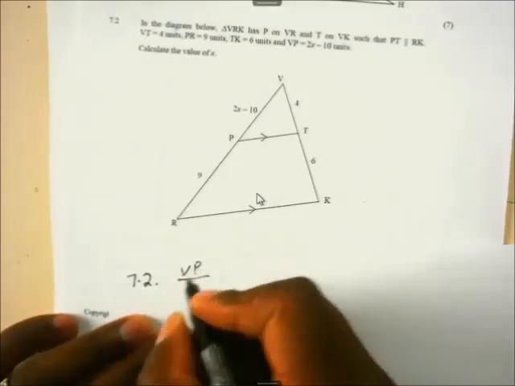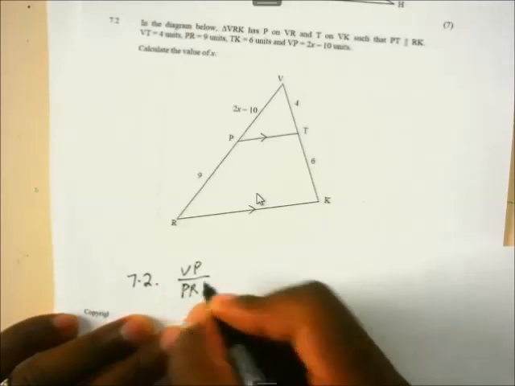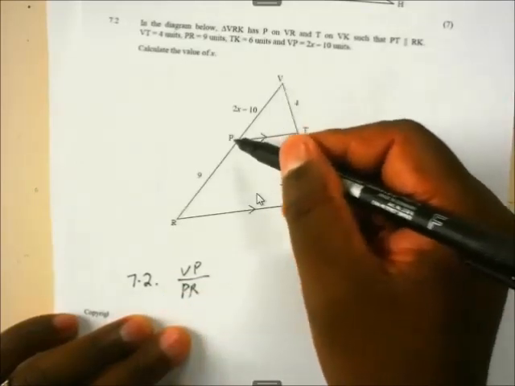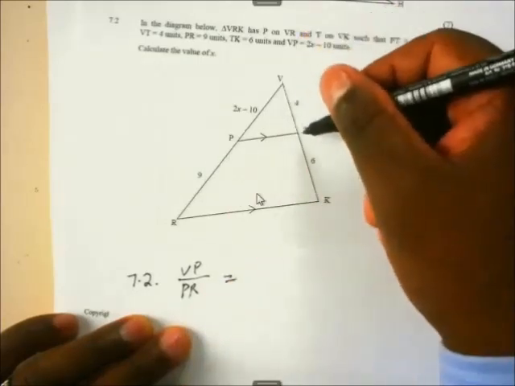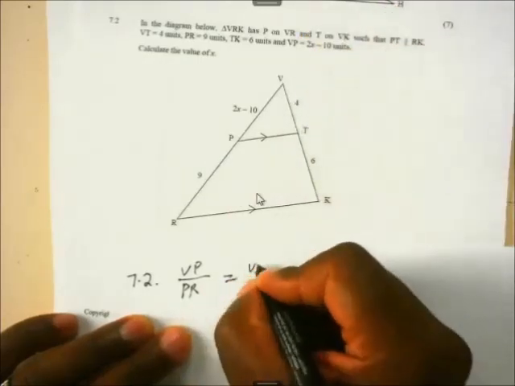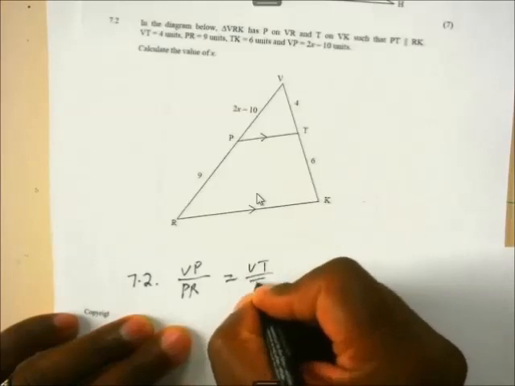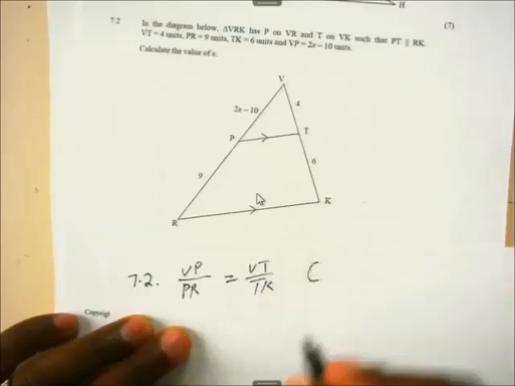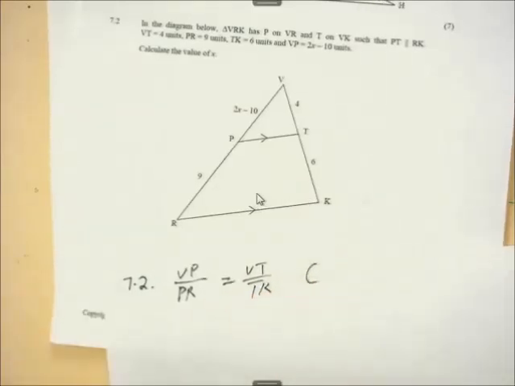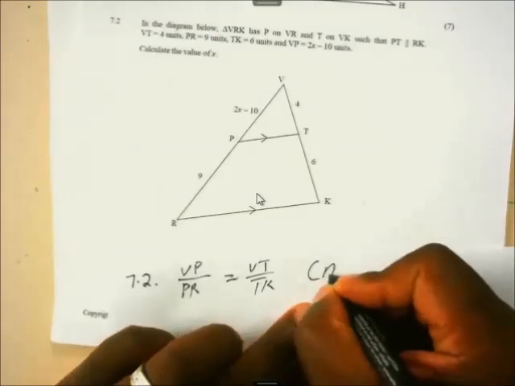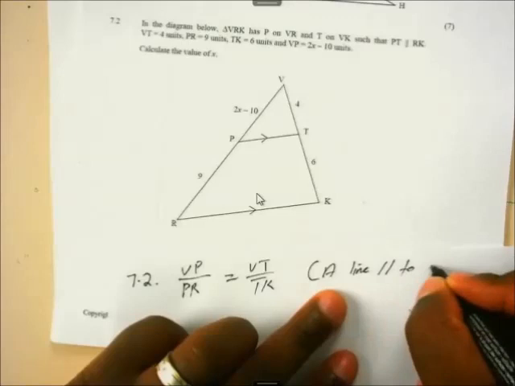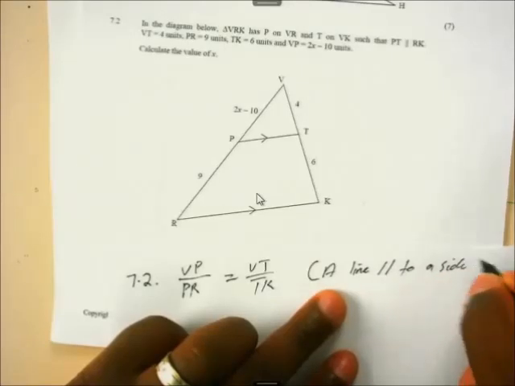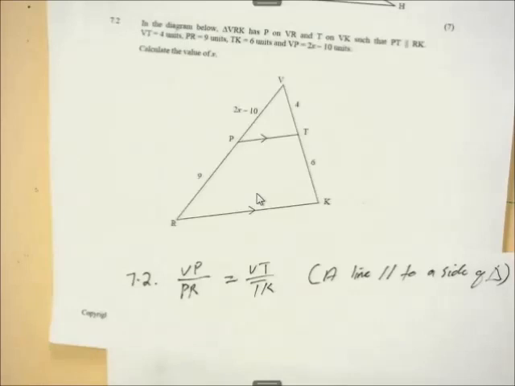I'm saying VP over PR. This will then be equal to VT over TK. Let's write down a reason for that statement. It's because it's a line parallel to a side of a triangle.